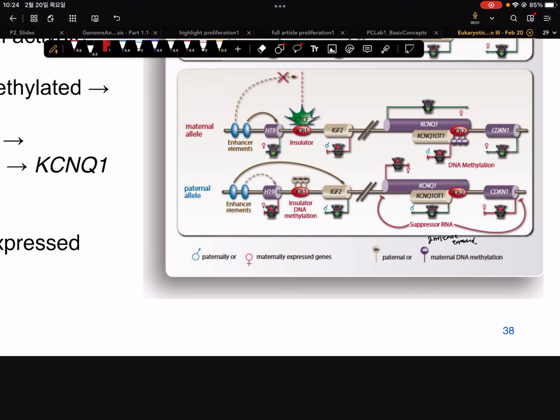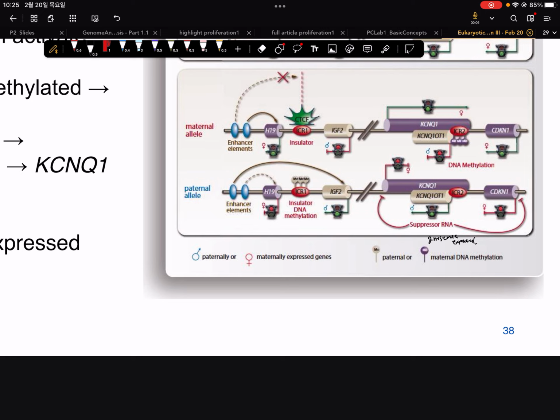I was confused that in the maternal allele, CTCF binds to ICR1. Let's go to the maternal allele. Because of the looping, I would believe the enhancer elements will be closer to IGF2. Because in this picture, they're not looped, right?